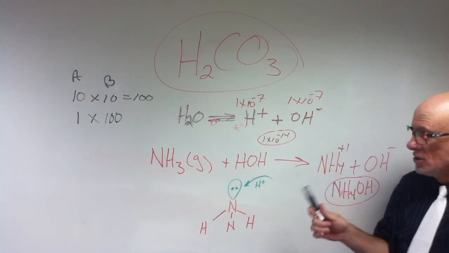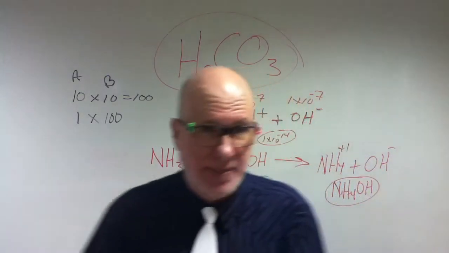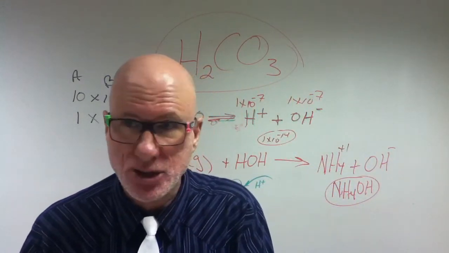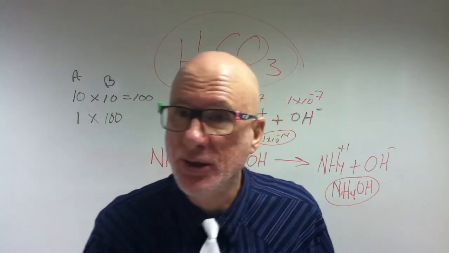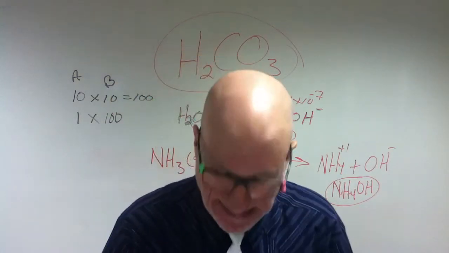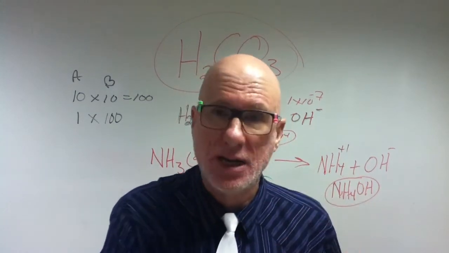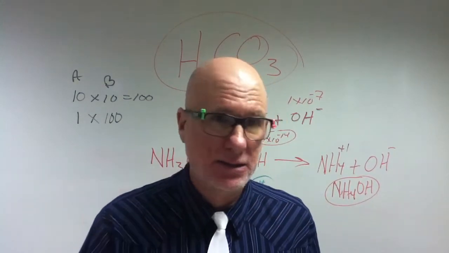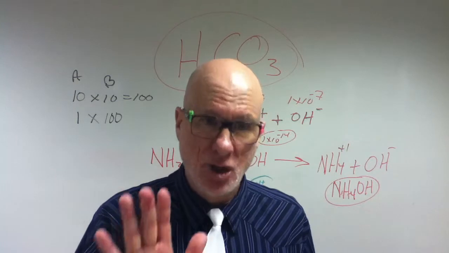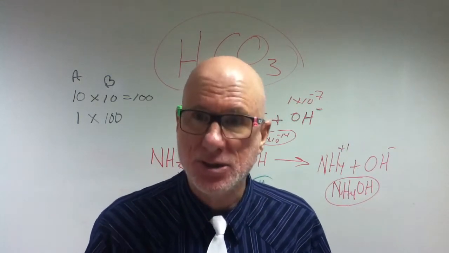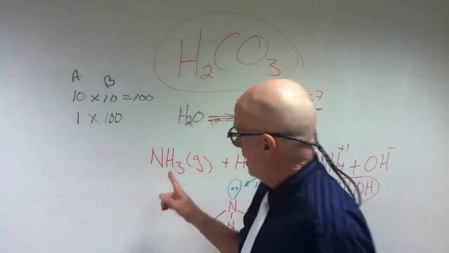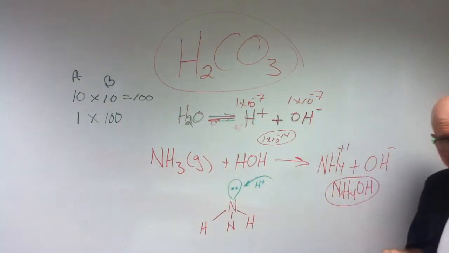So is ammonia basic? Does it make water basic or acidic? It makes it basic. Do you get that? I'm almost done. You've got to give me 6 more minutes. All right, so what is ammonium? Ammonium is the result of this reaction, correct?